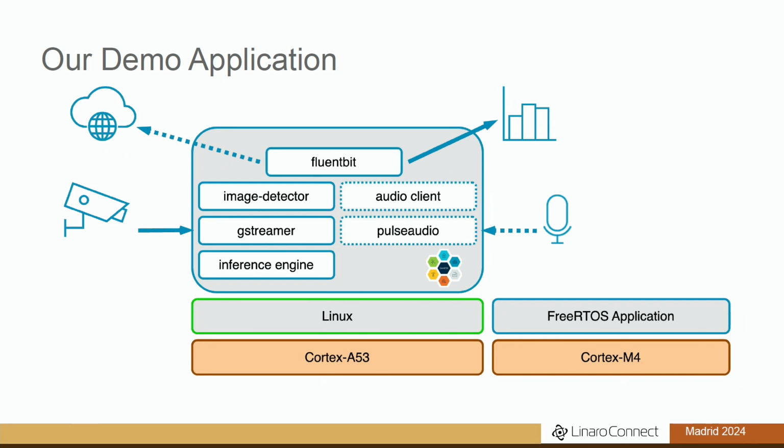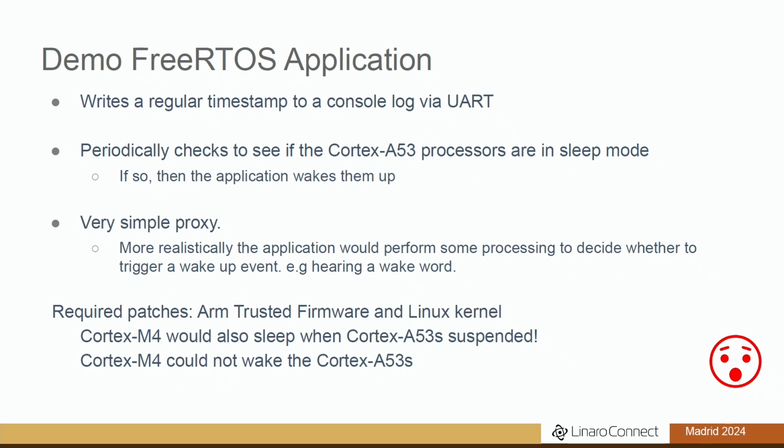In terms of the FreeRTOS application running on the M4, what we decided to do was to just create a very simple proxy application. All our M4 application does is write a timestamp to a log so that we can see that it's still running. It periodically checks whether the A53s are awake or asleep.